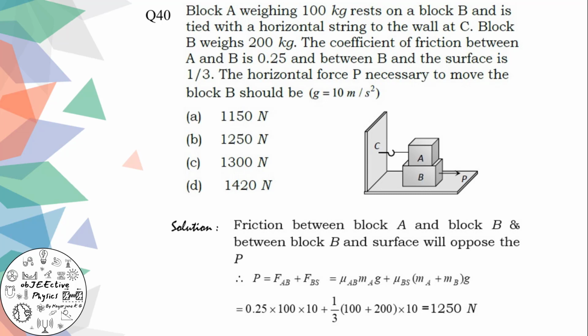The solution: friction between block A and block B and between block B and surface will oppose the P. Therefore, P is equal to force between A and B plus force between B and surface, that is equal to mu AB into MA into g plus mu BS into MA plus MB into g, that is equal to 1250 newtons.